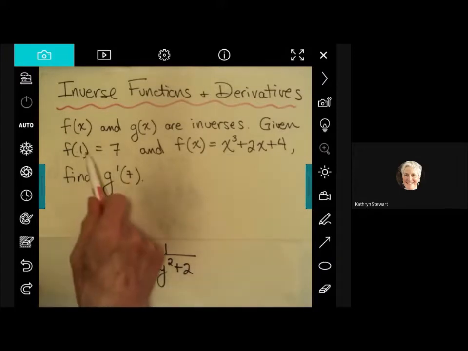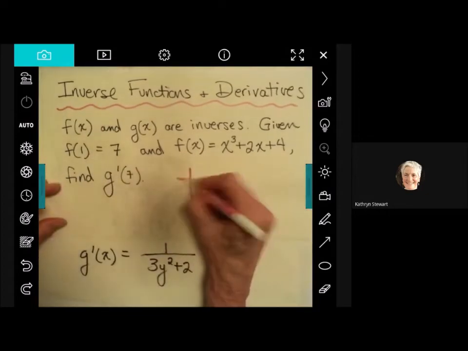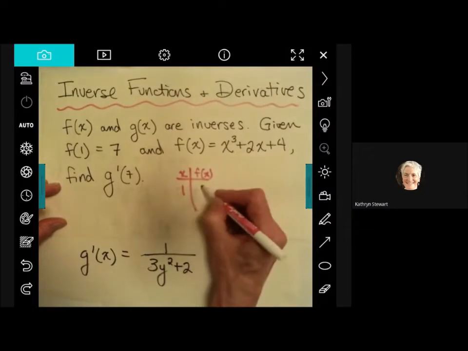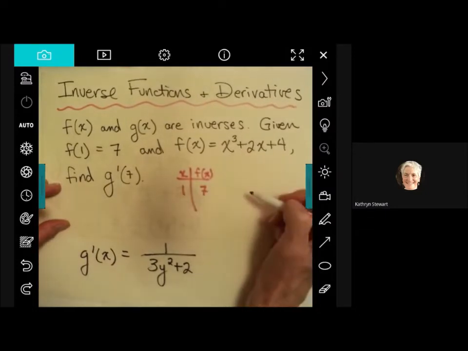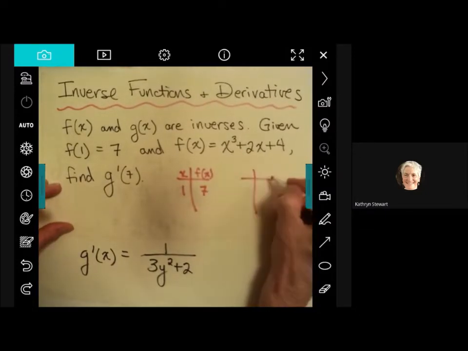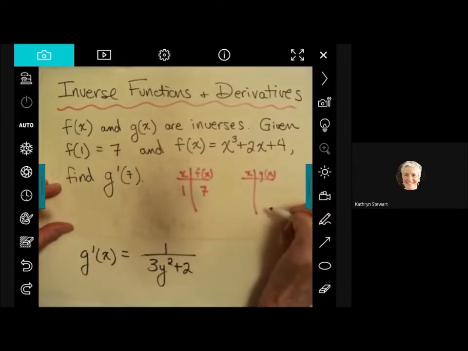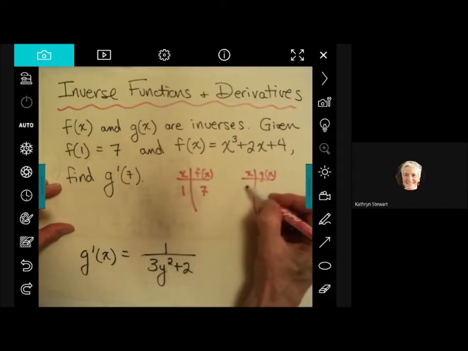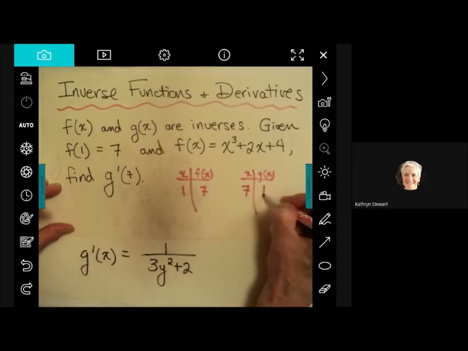I see a point of f of x. So when x is 1, I told you that y was 7, right? So doesn't that give us information about g of x? It sure does. If a 1 is turned into a 7 by f of x, that means a 7 is going to be turned into a 1 by its inverse.